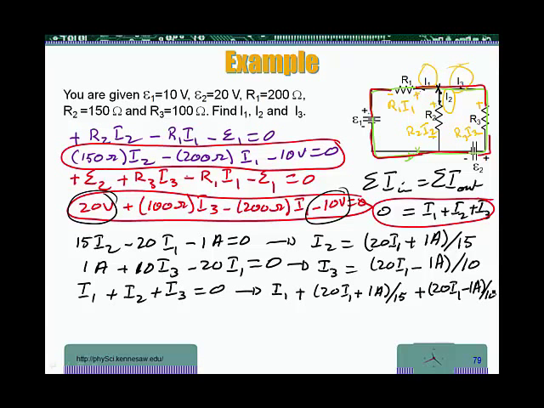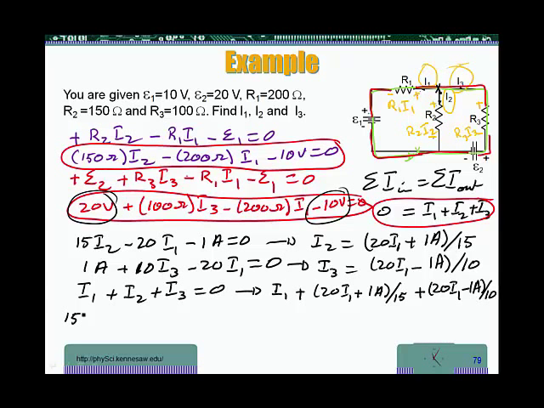All of that adds up to 0. So trying to simplify this, I'm going to multiply everything by 15. So I'll multiply everything by 15.